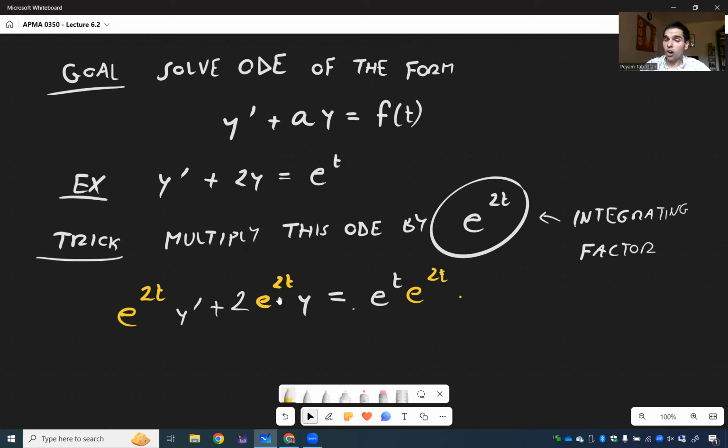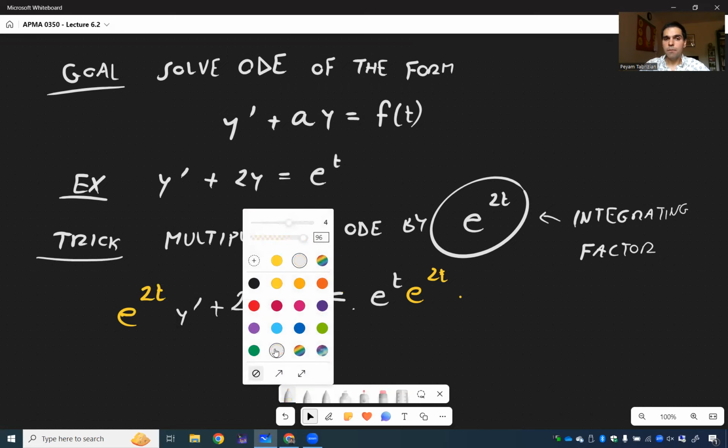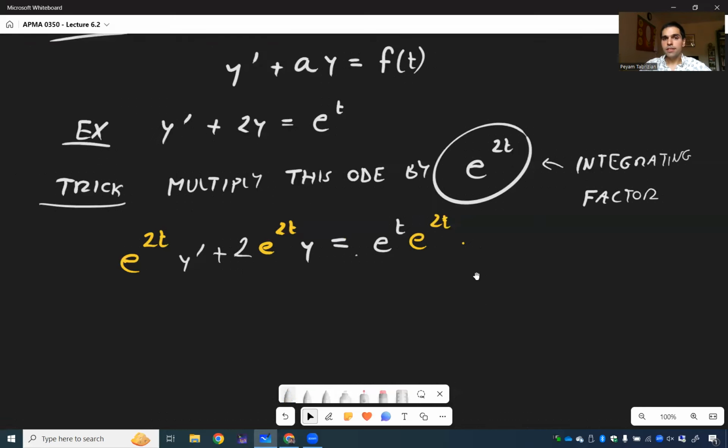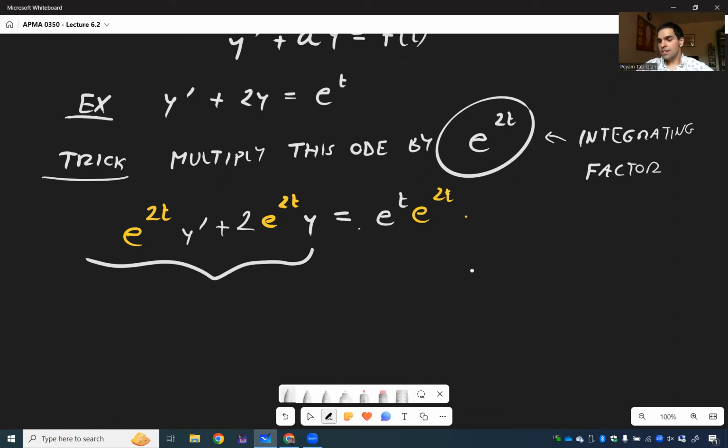Notice you can already see that the left-hand side becomes a derivative, because this is like f g prime plus f prime g. So the left-hand side just becomes the derivative of e to the 2t y, and the right-hand side becomes e to the 3t.